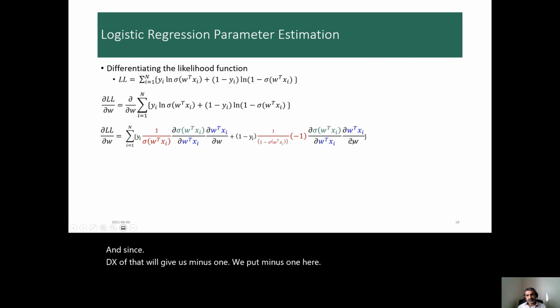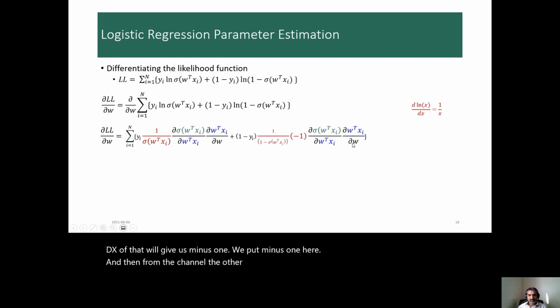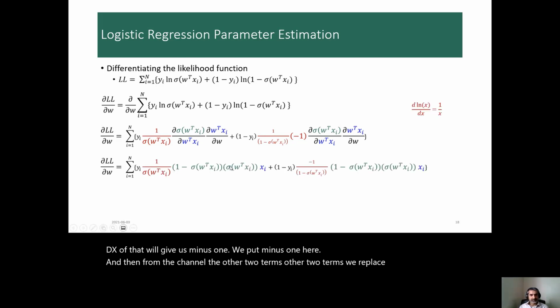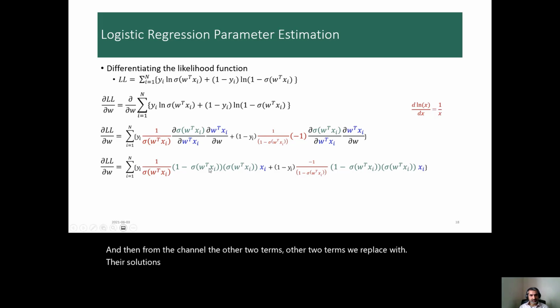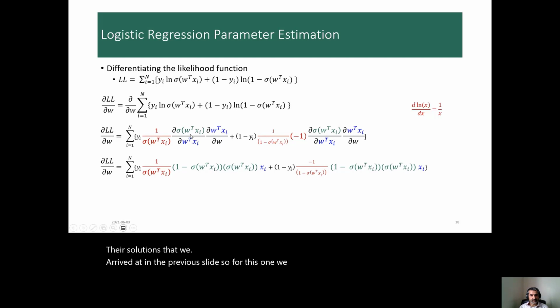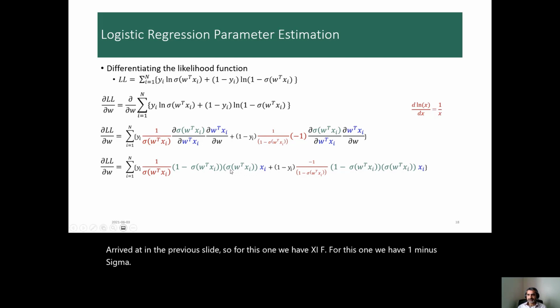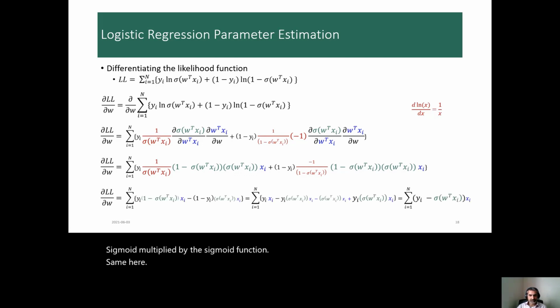And then from the chain rule, the other 2 terms we replace with their solutions that we arrived at in the previous slide. So for this one, we have xi. For this one, we have 1 minus sigmoid multiplied by the sigmoid function. Same here. Solving further will give us the differentiated log likelihood of the logistic regression as y minus sigmoid of W transpose X.